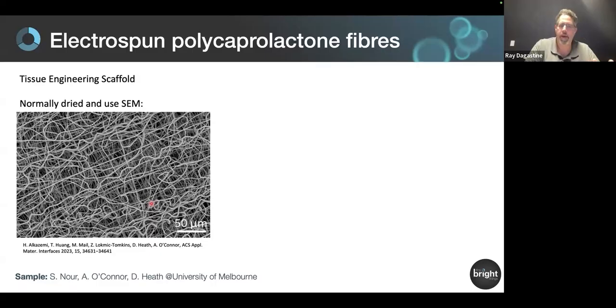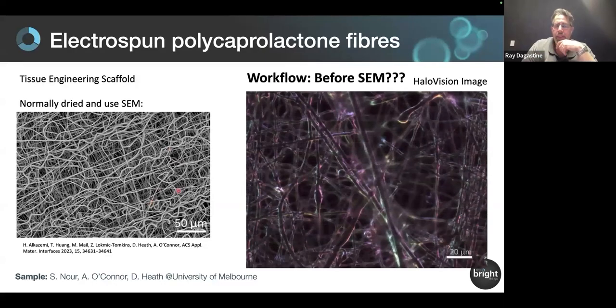Now you might have to worry about beam sensitivity here, or you might have to coat it. So, not that sample, but a similar sample made by this group. This is a HaloElement image of similarly spun electrospun fibers. But this could be in air, this can also be in water, and this can also be with the cells.